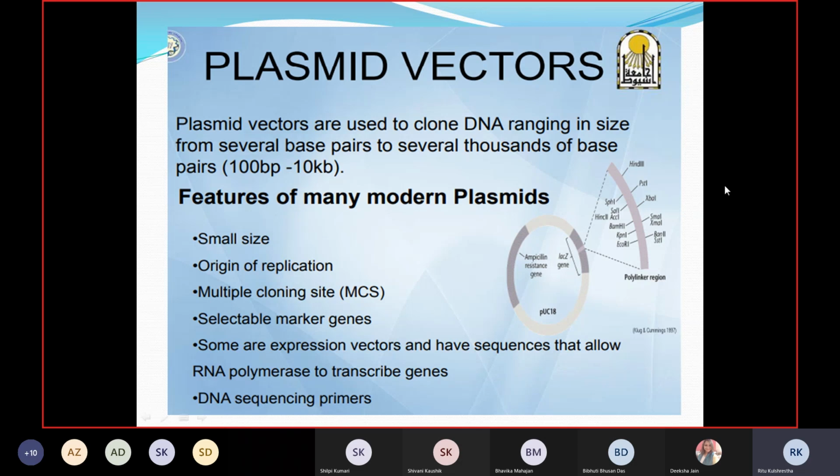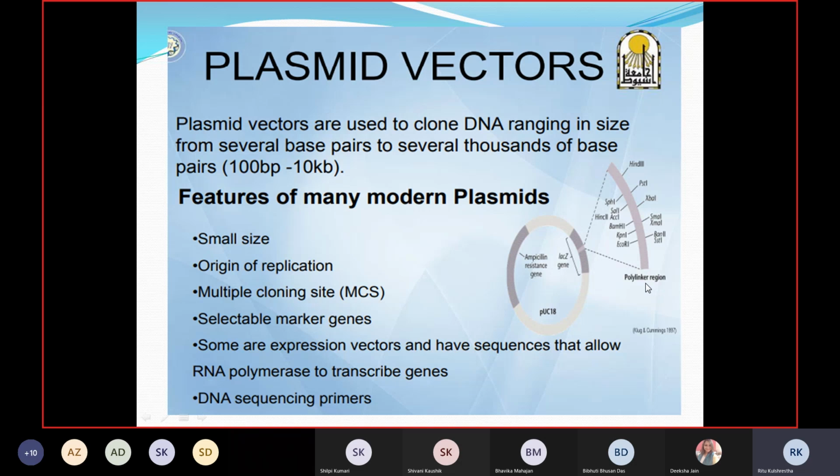So if I've cloned a gene, I will send it to the company and say please sequence it using T7 primer. I don't have to design my own primer every time I generate a new clone. I will just say please use your universal primers which are present on either side of the MCS, and please sequence it from both the sides.